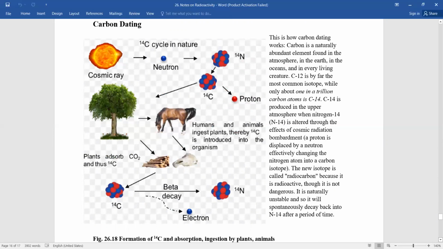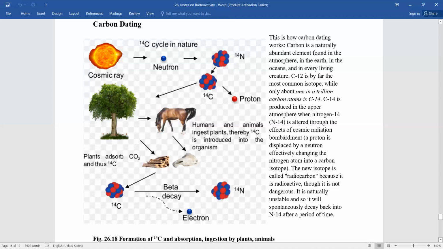Now, carbon dating. Before going to the discussion, I'm giving you a little bit of a briefing idea. Carbon dating is used for getting the age, the date, of ancient fossils like dinosaurs or previous animals or plants.